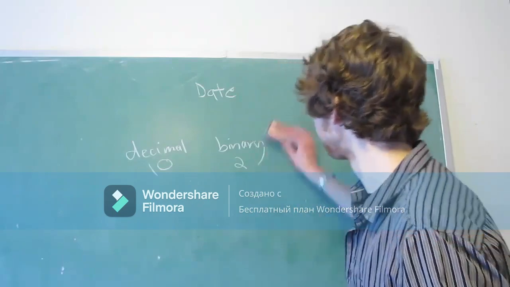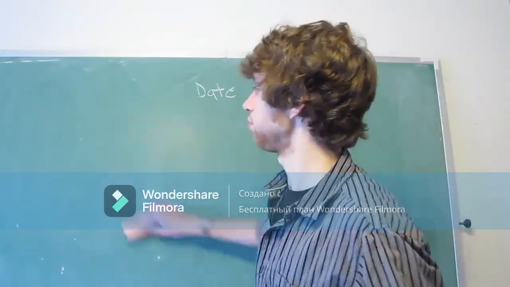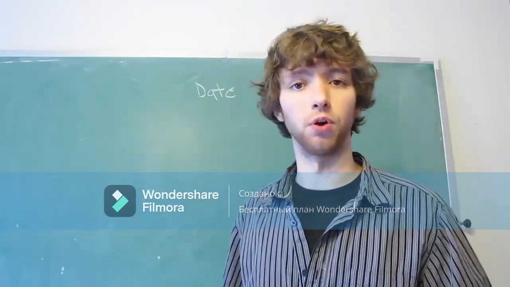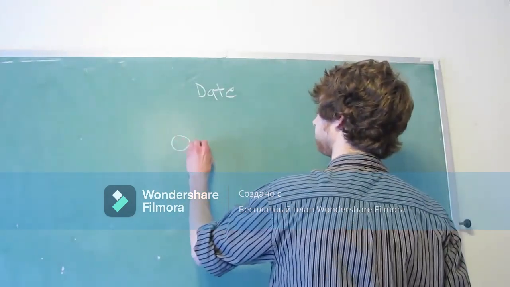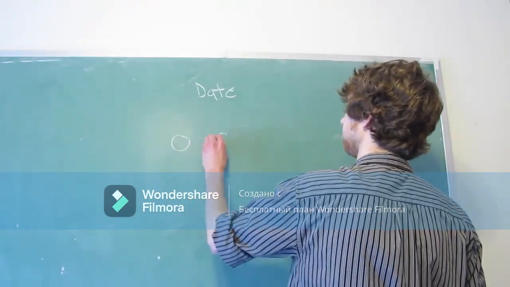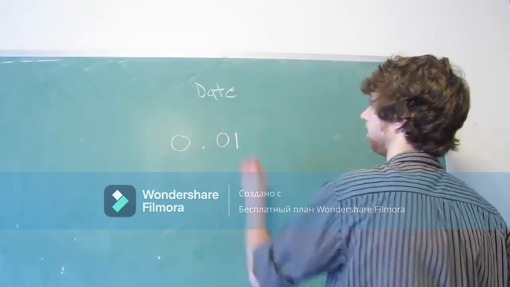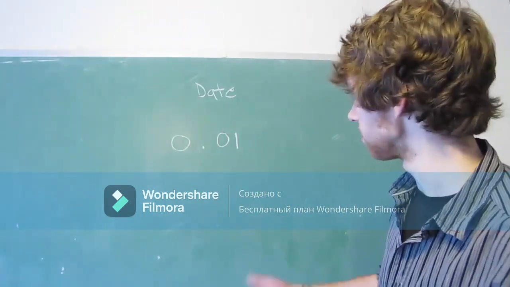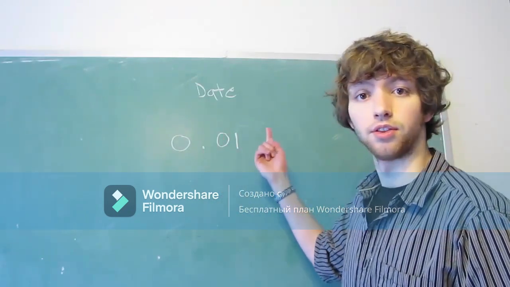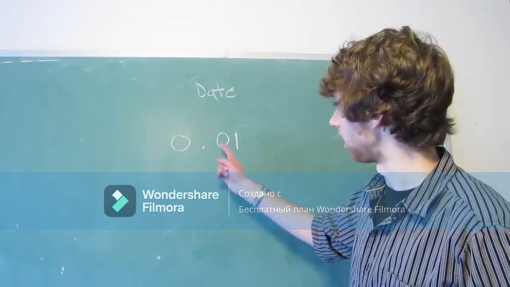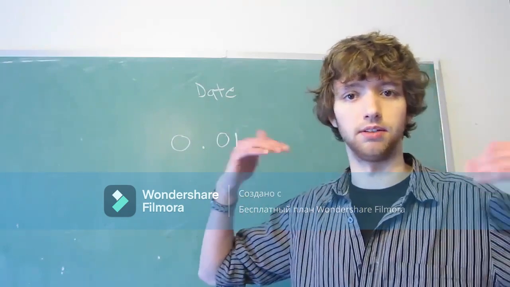For example, when we want to store 1/4, it's stored like this. We have 0.01. And the way this works is we have anything after the point that divides the number basically in half.